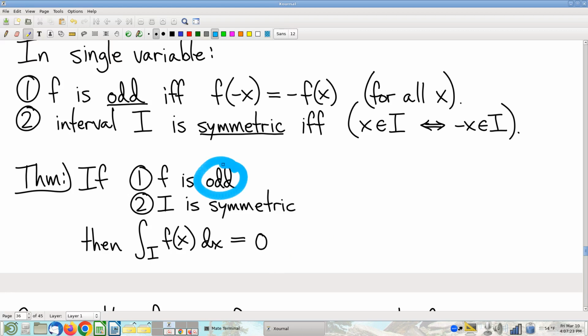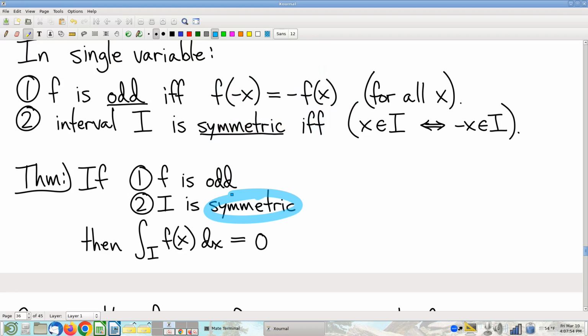Reminders: what do we mean when we say a function is odd? We mean that if you negate the input, you get a negative on the output. Let me say that a little differently. If you reflect the input to the other side of the origin, then you get a negative on the output. For analogy purposes, this is going to be the useful way to think about it. Reflecting the input gives you a negative for the output. And what do we mean by a domain being symmetric?